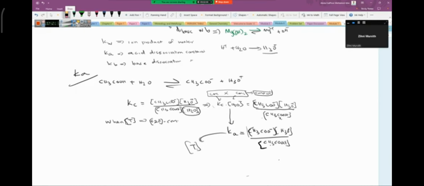Under that you can write a note: Ka depends on temperature, because sometimes they might ask statement-type questions. So this might be useful when we try questions like that. It's dependent on temperature. Have you written it?